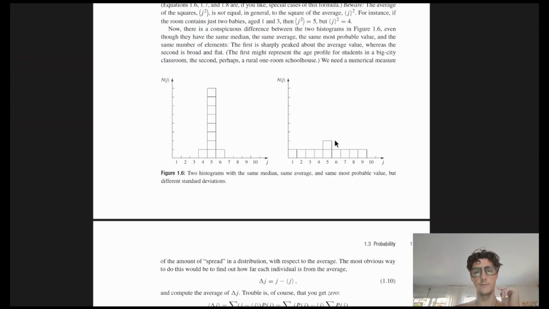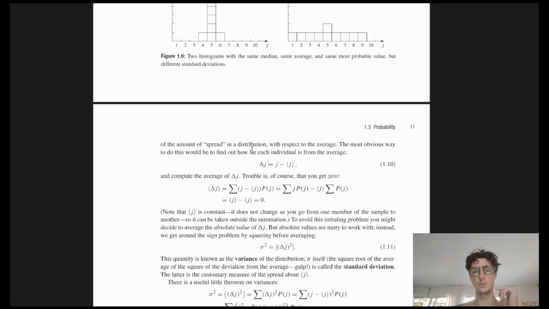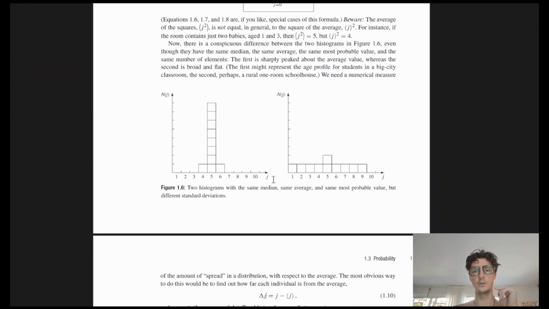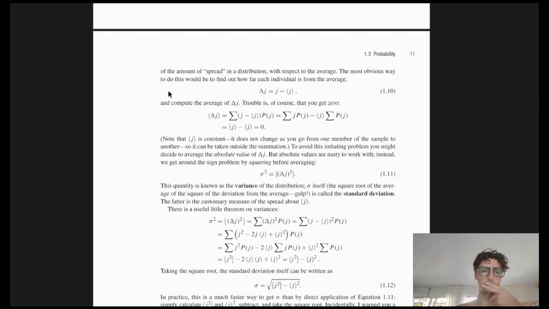He's 1 age away. But in this scenario, this person here is quite far from the average. He's 9 and the average is here at 5. So this defines the spread over here. This will help you figure out how spread out the distribution is, which is important.